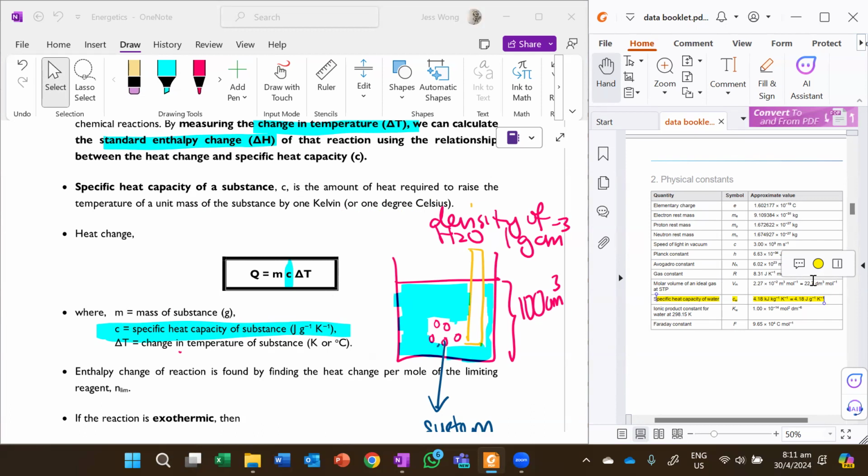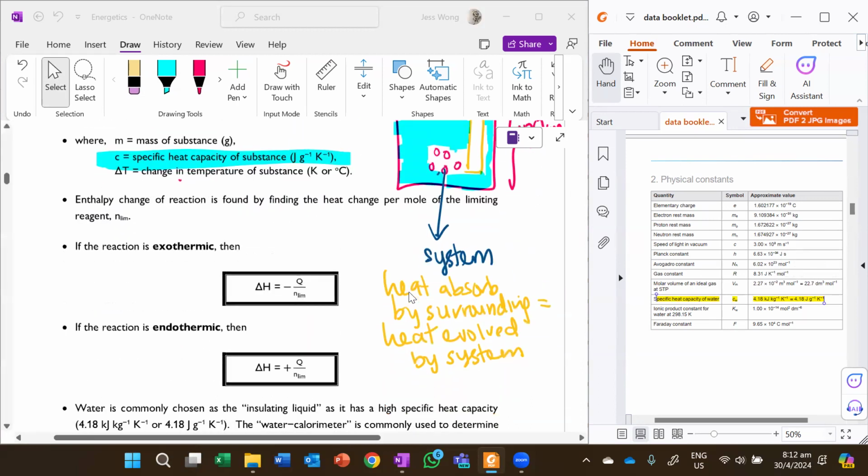So there is another assumption in the calculation that the aqueous solution specific heat capacity is similar to that of water. With all those assumptions behind us, it allows us to do a calculation, but at the same time, it brings about some inaccuracy. So this first part gives us Q, which is the heat of the reaction.